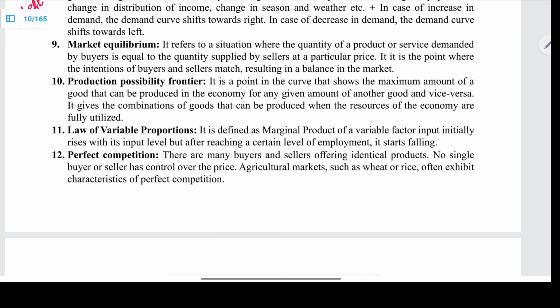What is a market equilibrium? It refers to a situation where the quantity of the product or the service demanded by the buyers is equal to the quantity supplied by the sellers. That is what we call the market in equilibrium.